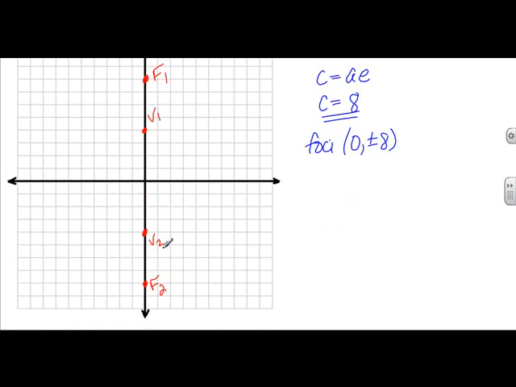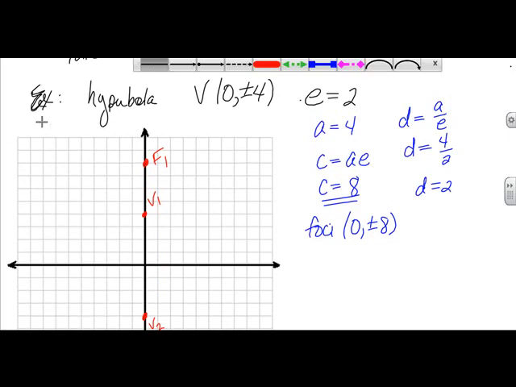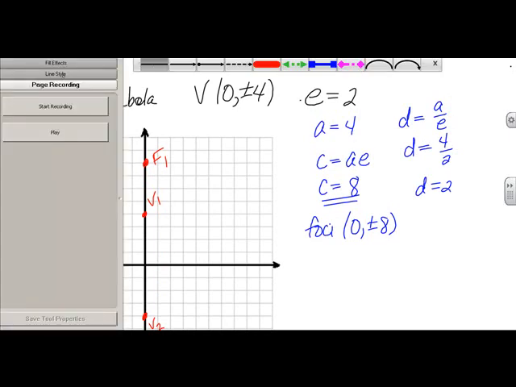Alright, directrix lines. d is equal to a divided by e. So if you take 4 and divide by 2, you get d is equal to 2. So we're going to have a horizontal line at y equals 2 and a horizontal line at y equals negative 2.